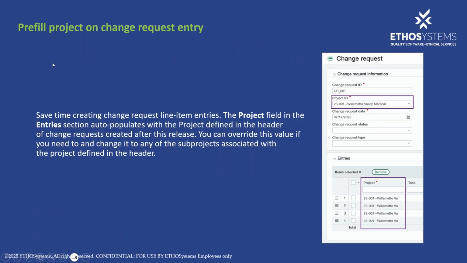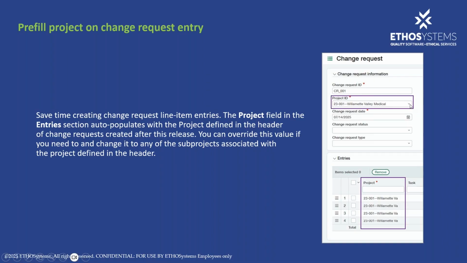Okay, a new field: pre-fill project on change request entry. This is a time saver. This is great for those data entry people, especially for those of you that are dealing with hundreds, if not thousands of change request lines. When you go into your change request information now, you're going to notice this field.